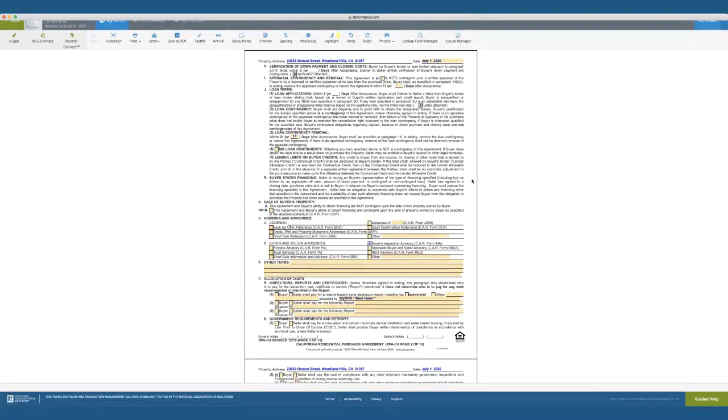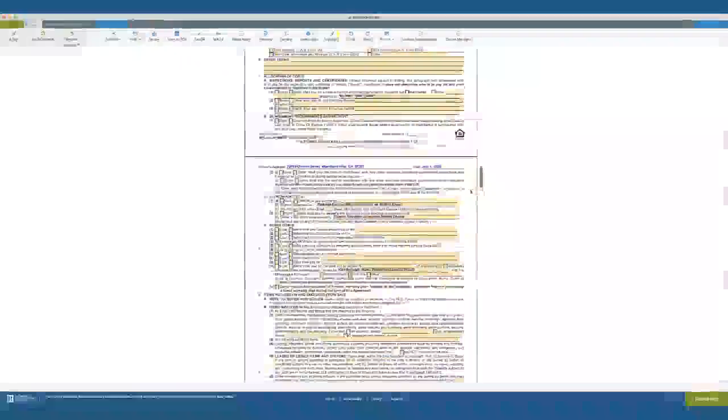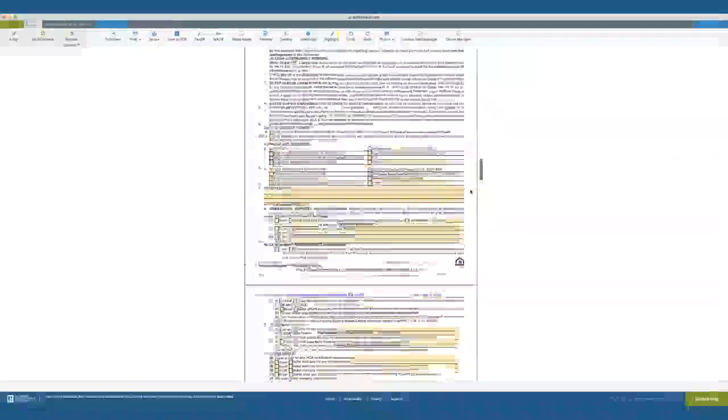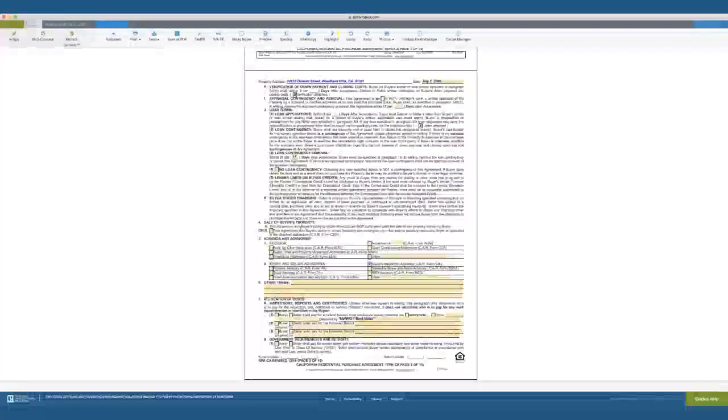So right here, we're talking about sale of buyer's property. This agreement and buyer's ability to obtain financing is not contingent on the sale of the property by buyer, or if you check this box, it is.